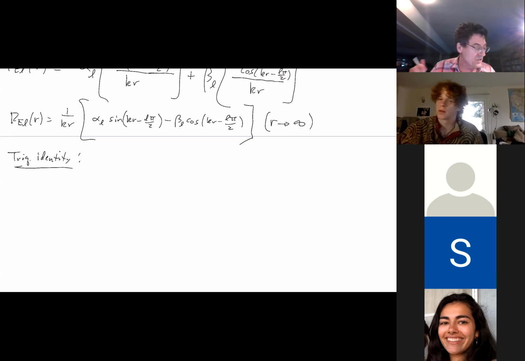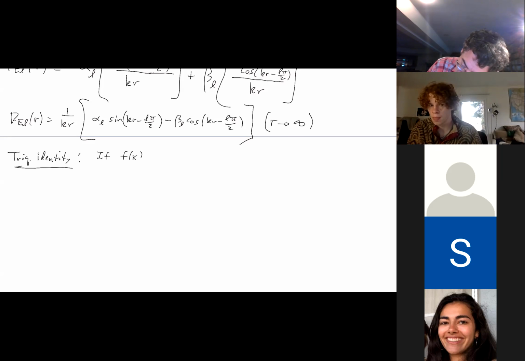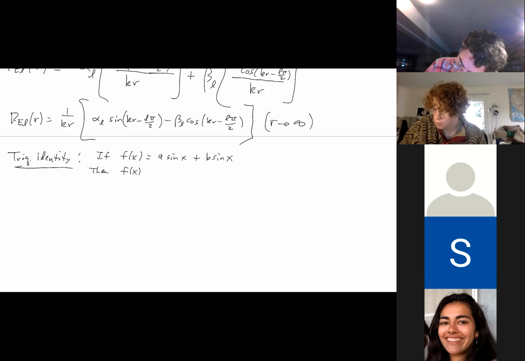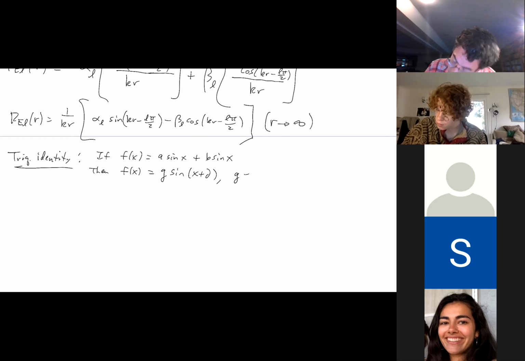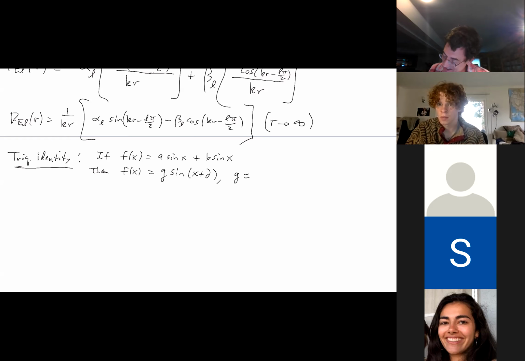If some function of x is equal to a sine x plus b sine x, then I can also write that f of x is equal to g sine of x plus delta, where g is equal to, does anybody remember this trig identity? You've all seen it somewhere. The square root of a squared plus b squared? Exactly.